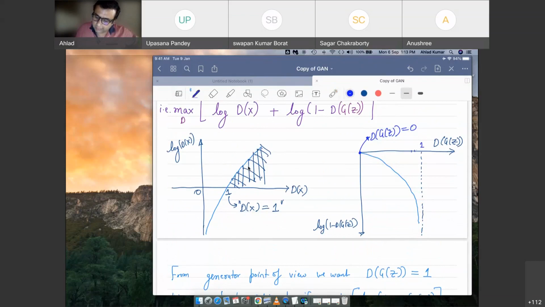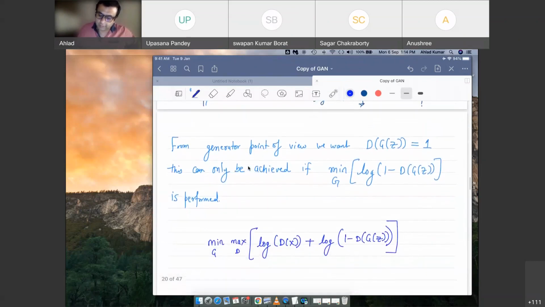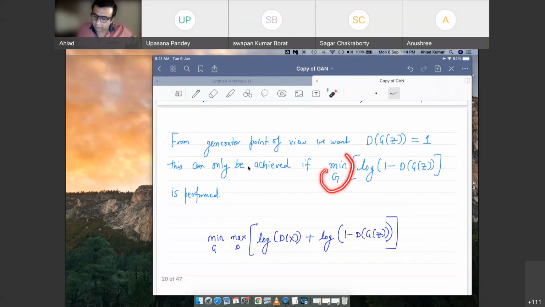We will have some values close to 1, like 0.9 or something like that. At that point you have some minima, and this occurs at D of G of z roughly close to 1. That's why we are operating the minimum over G on log of 1 minus D of G of z.